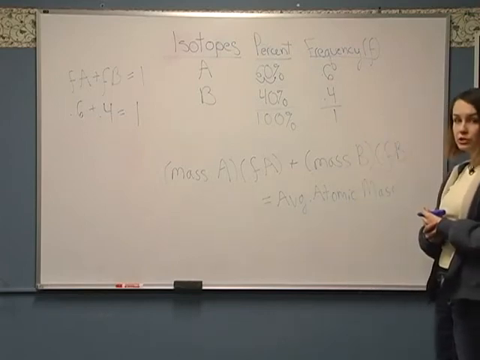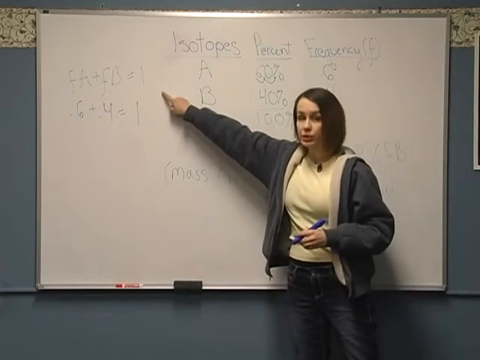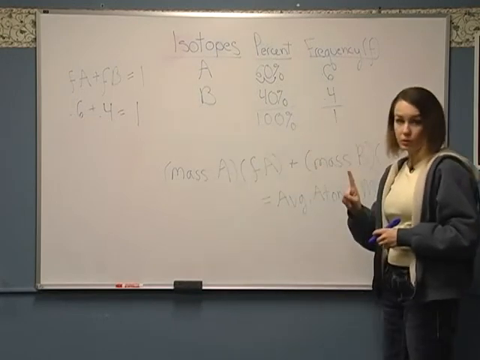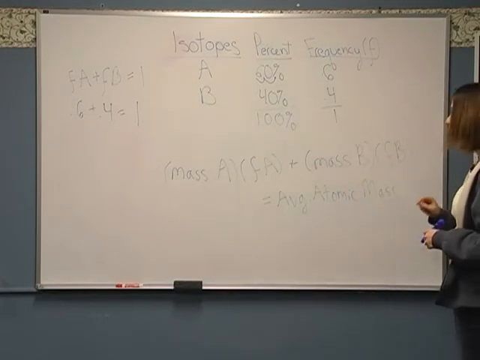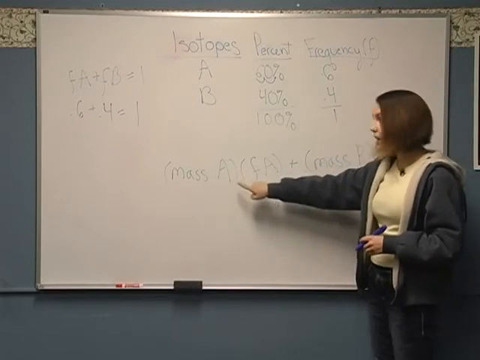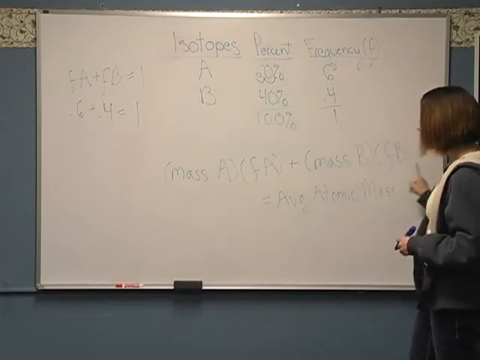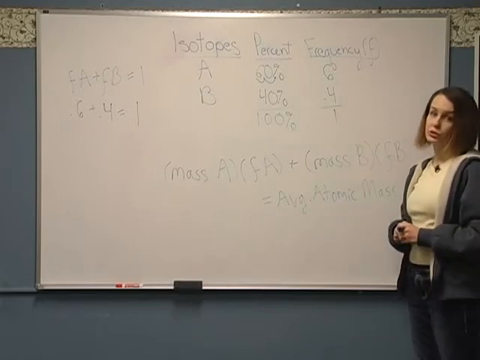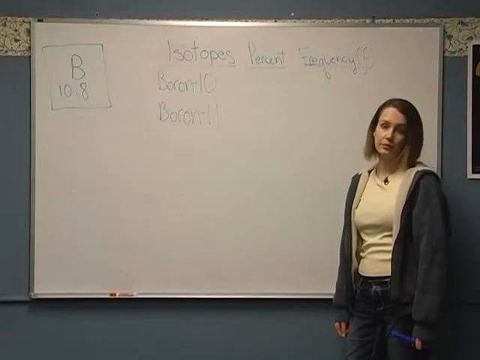These two types of equations, the one where you add up the frequencies of the two isotopes together to make a whole, or one, and the equation where you add the mass of each isotope times its frequency together to find the average atomic mass of the element, will both be needed in order to solve these types of problems. Now let's consider boron as an example.